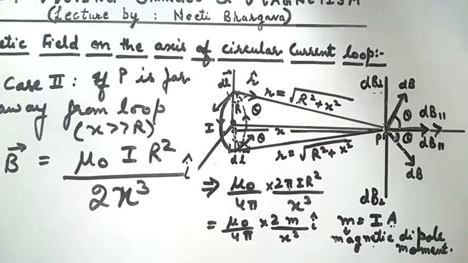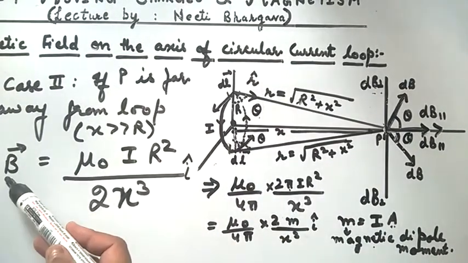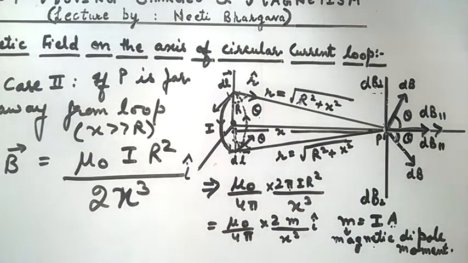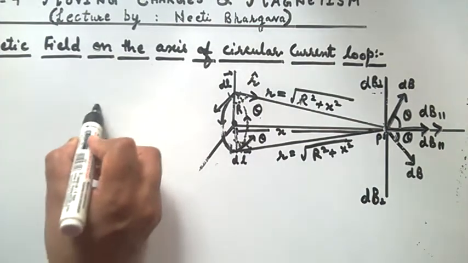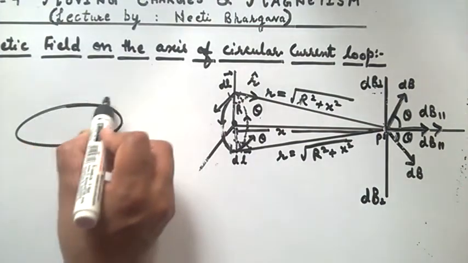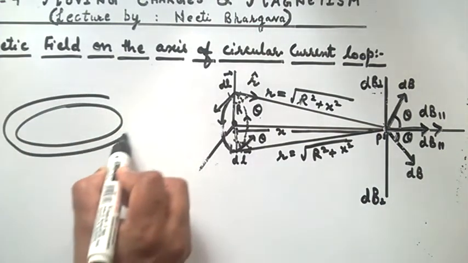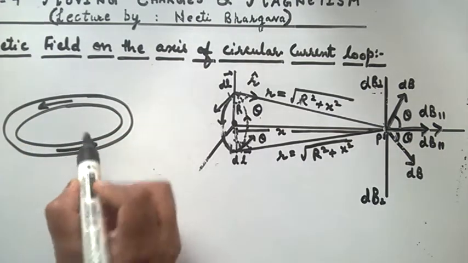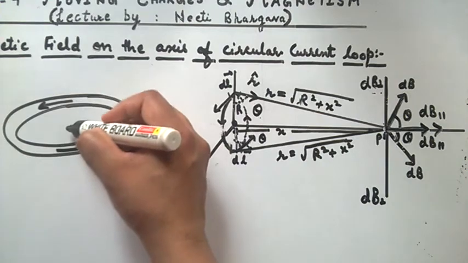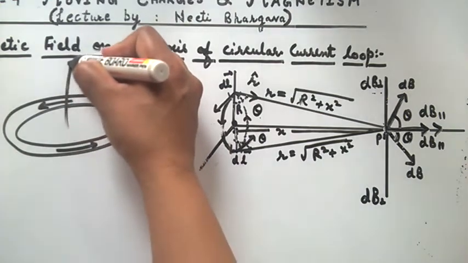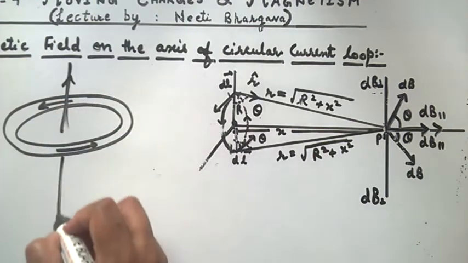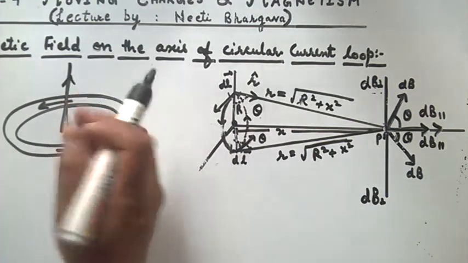Now we can find the direction of magnetic field due to this circular loop, which is, this is a circular loop in which current is flowing in anticlockwise direction. So by right hand thumb rule we can find the direction of magnetic field. The lines are coming from the loop.